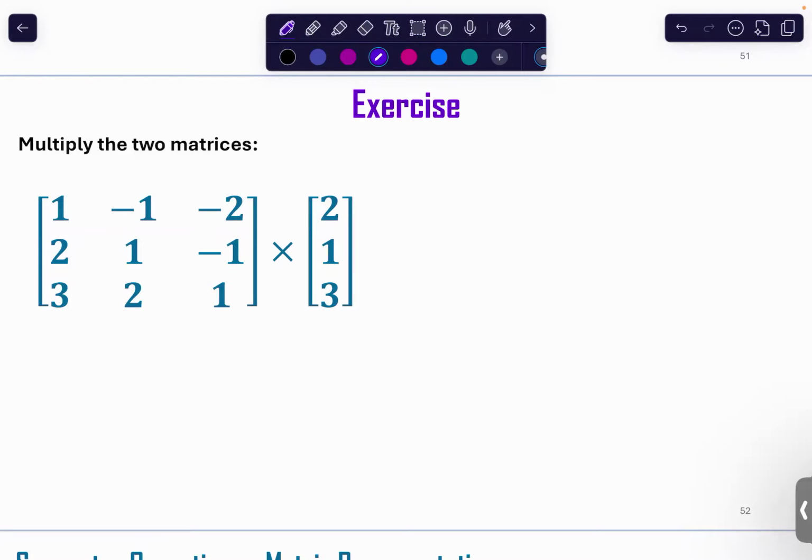Even though those don't necessarily look like rows, that's 3 rows, 1 column, so a 3 by 1. If you have a 3 by 3 and a 3 by 1, what do you think that'll give you? Your K's are 3, so that'll give you a 3 by 3, right? Or no, a 3 by 1.